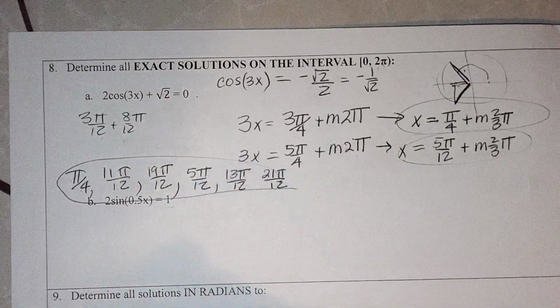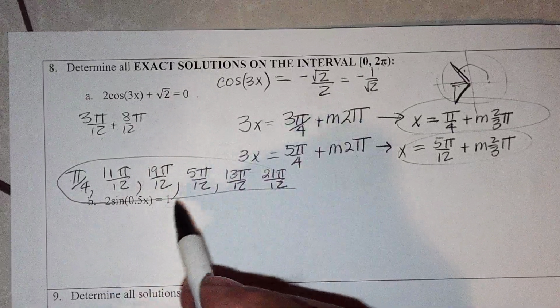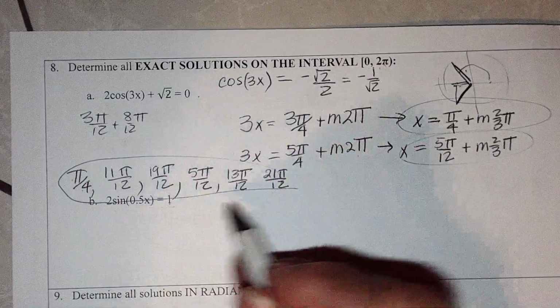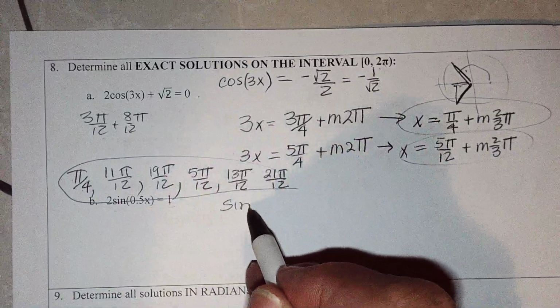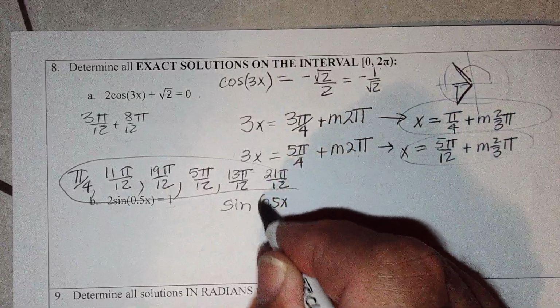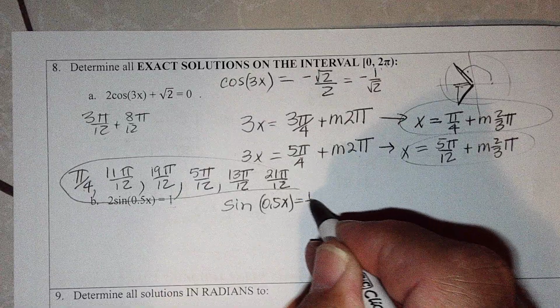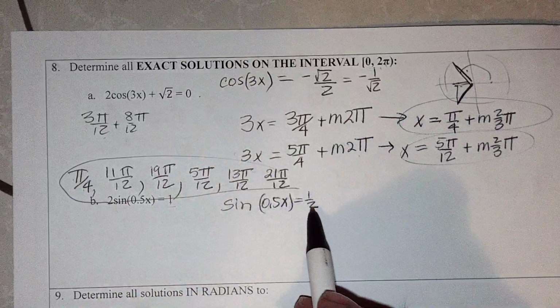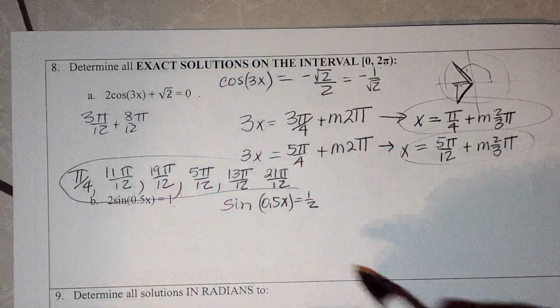This one's much easier. Again, we've got the 1 on the other side, so I just have to divide by 2, and I have sine of 0.5x equals 1/2. So I got to do sine inverse of 1/2.